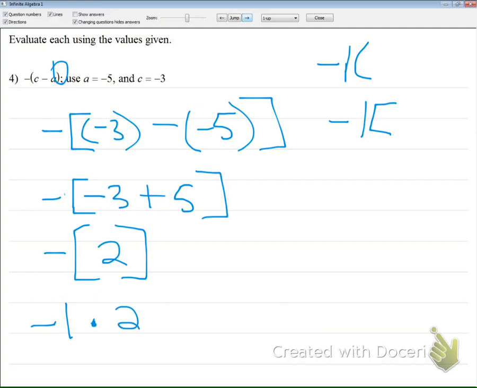This is going to be pretty important, even going through algebra, that you know that that's actually an invisible 1 that lies between a negative symbol and a bracket or a parenthesis. So negative 1 times 2, well, you have a negative and a positive. Oh, that's not good, right? Equals a negative. 1 times 2 is 2.